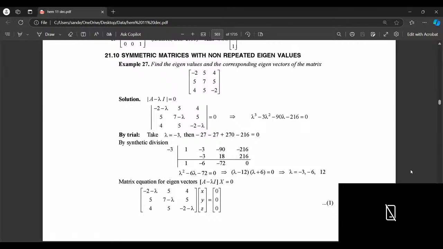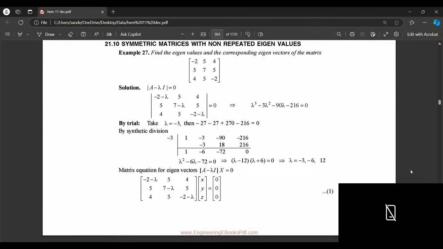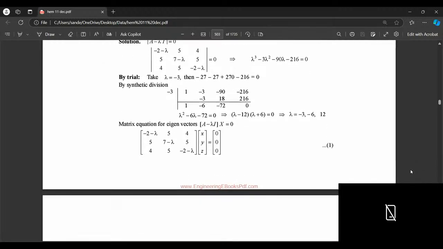Now matrix equation for eigenvectors, which is matrix A minus lambda I into X vector equal to 0 matrix. So you will get system of equations: minus 2 minus lambda, 5, 4; 5, 7 minus lambda, 5; 4, 5, minus 2 minus lambda into vector x, that is x y z column matrix equal to 0 matrix.